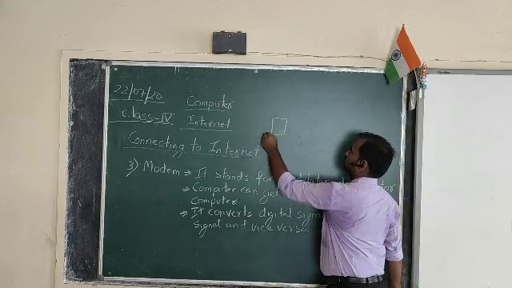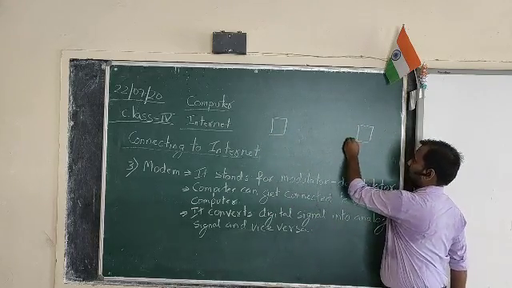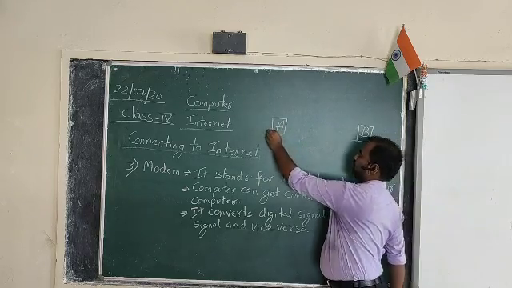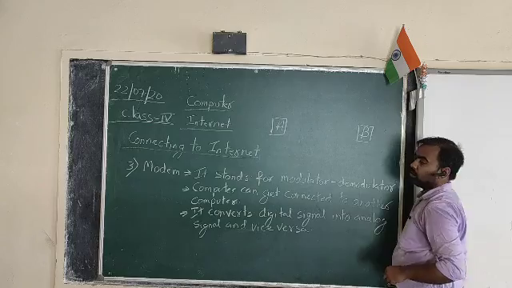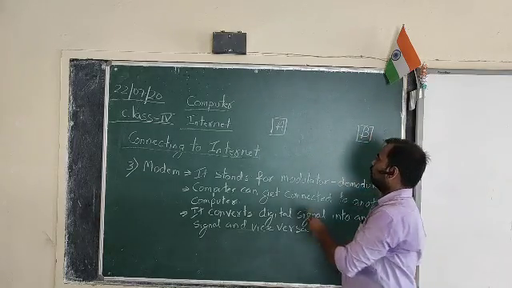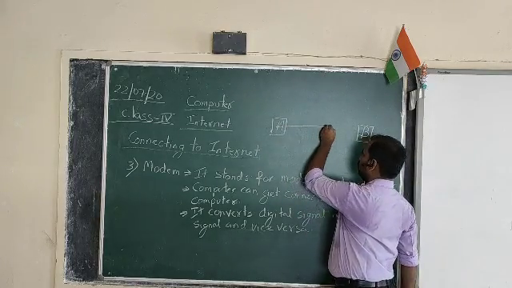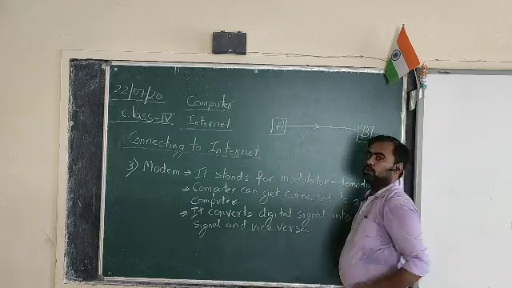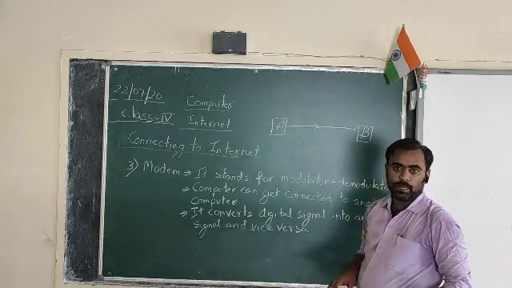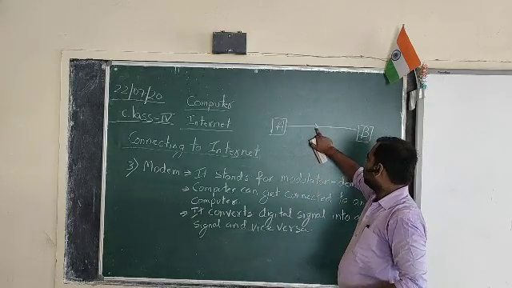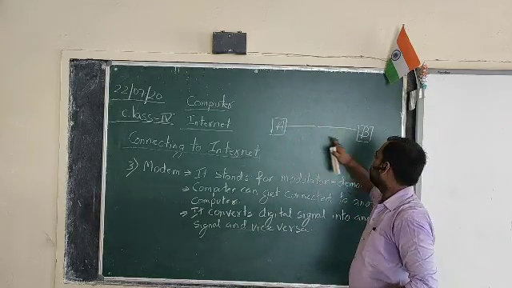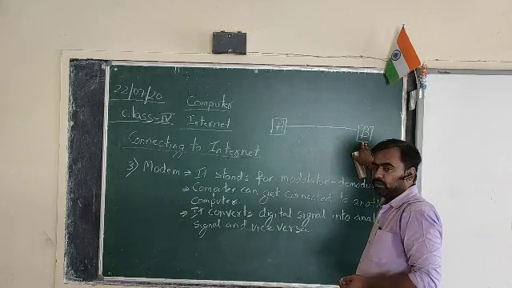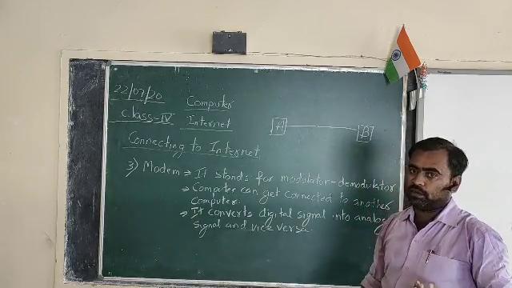Suppose there are two different users, computer A and computer B. These are the two different computers, A and B. Now suppose computer A wants to send some data or information or some other messages to computer B through the internet.